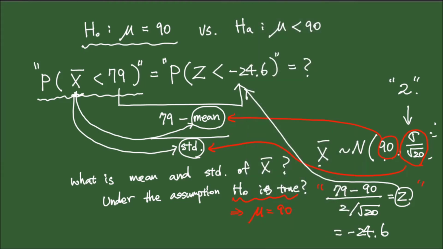We have calculated the z value, converting the 79 into the standard normal scale, and this z, we call this test statistic.